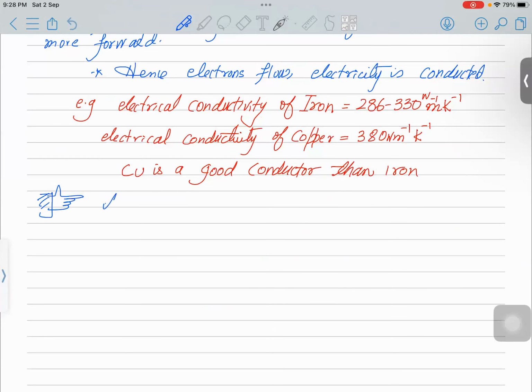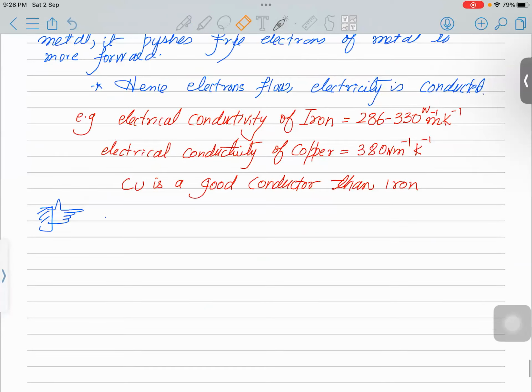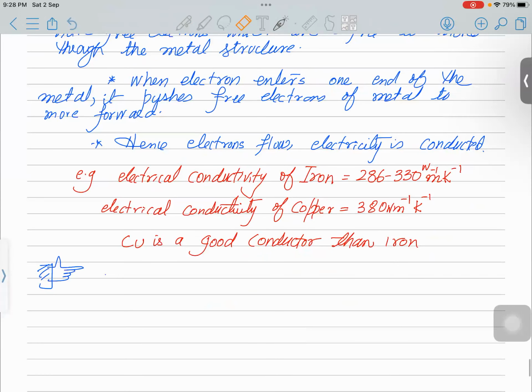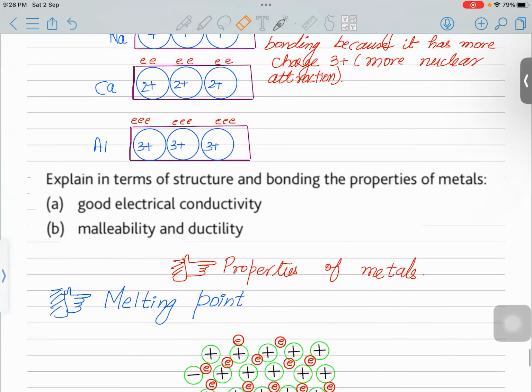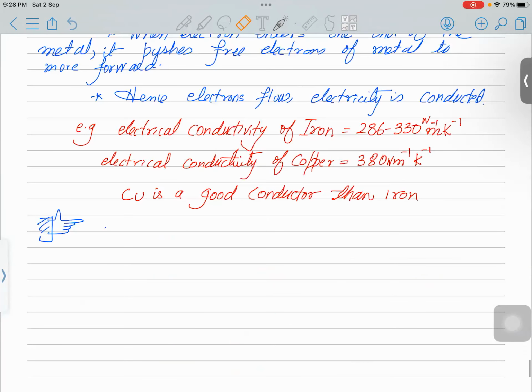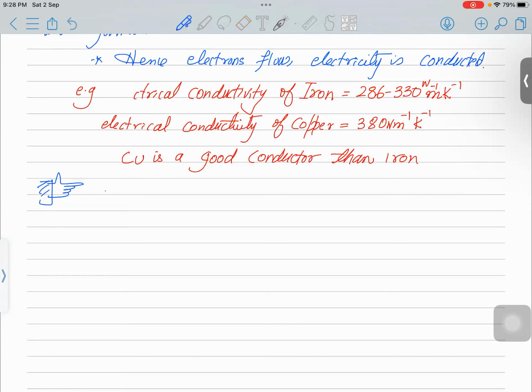Next is malleable and ductile. Now, can you tell me what is malleable?